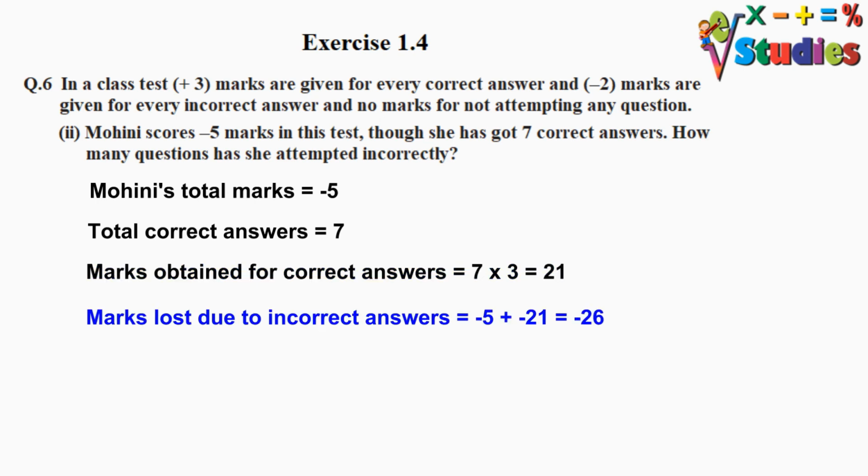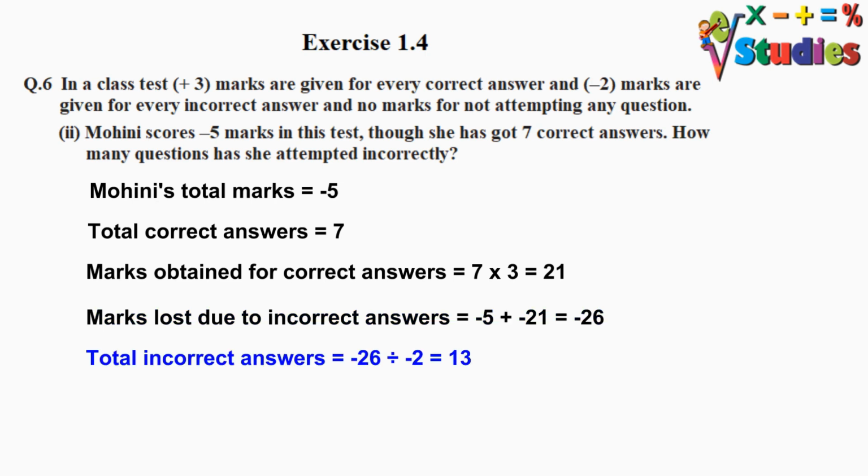However, let's find out the marks lost by incorrect answers. So marks lost due to incorrect answers is equal to -5 plus -21, which is equal to -26. Here we are adding up the total marks and the marks obtained by the correct answers to get the marks lost by incorrect answers.